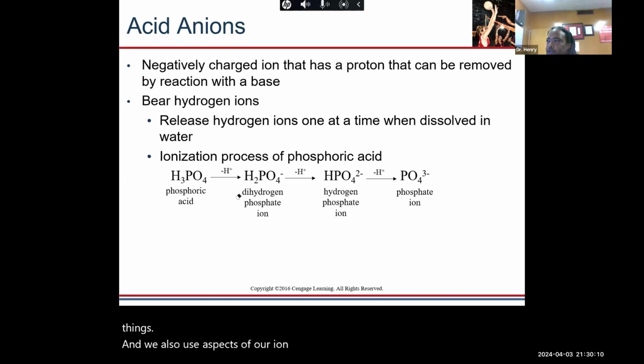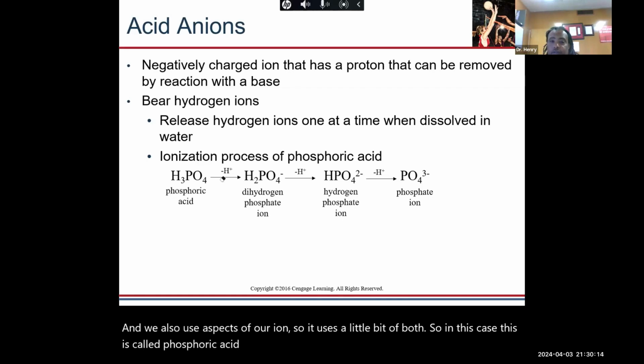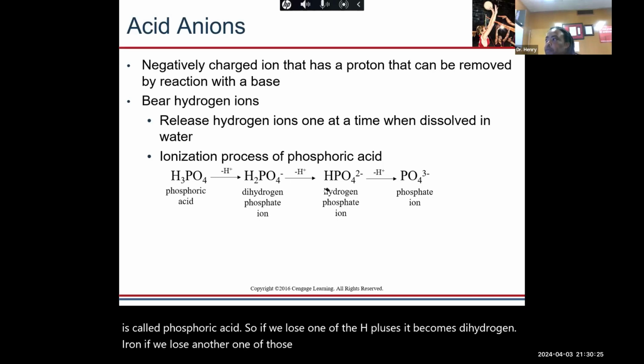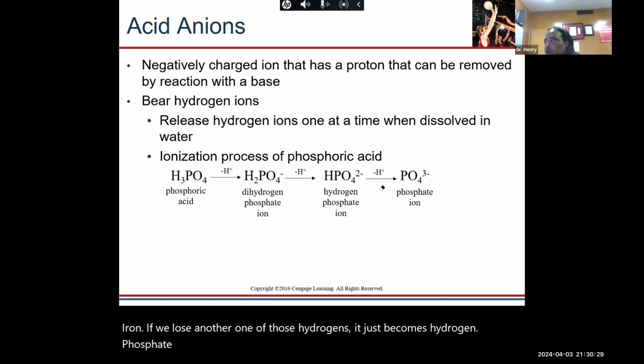It uses a little bit of both. So in this case, this is called phosphoric acid. If we lose one of the H pluses, it becomes dihydrogen phosphate ion. If we lose another one of those hydrogens, it just becomes hydrogen phosphate. And then, of course, if we lose all of our hydrogens, then we just have phosphate.